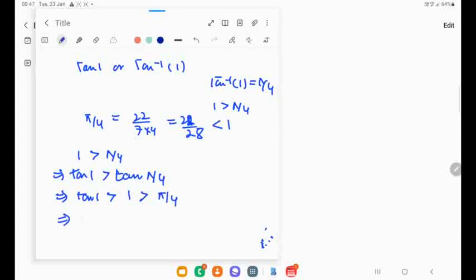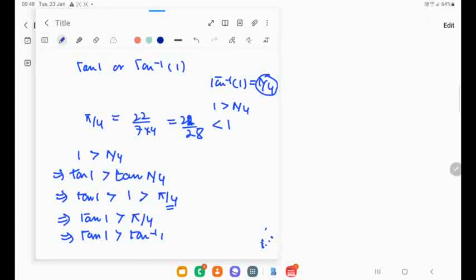This implies tan 1 is greater than 1, and 1 is greater than pi by 4. So tan 1 is greater than pi by 4, and in place of pi by 4 you can put tan inverse 1, since tan inverse 1 is pi by 4, which solves our problem.